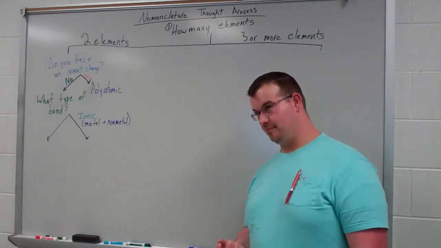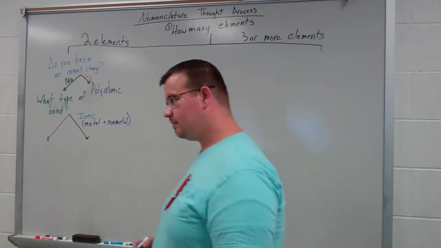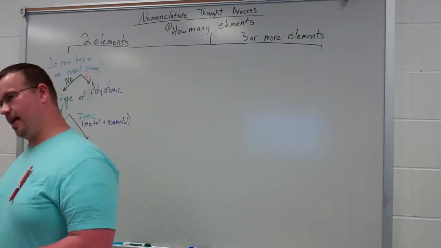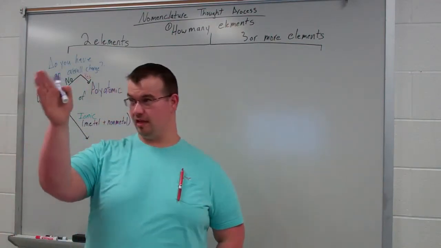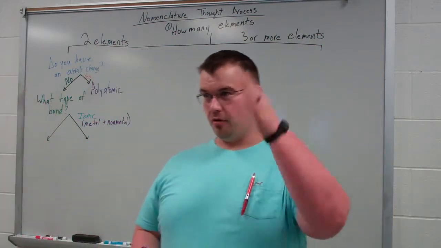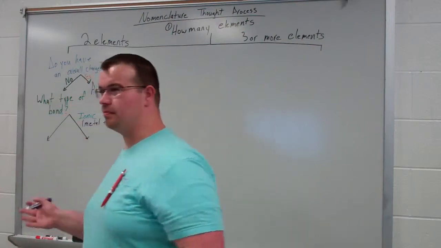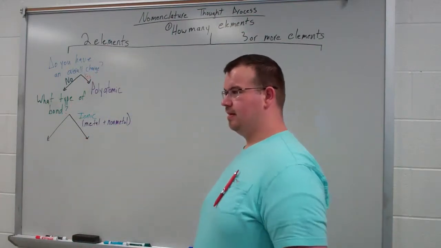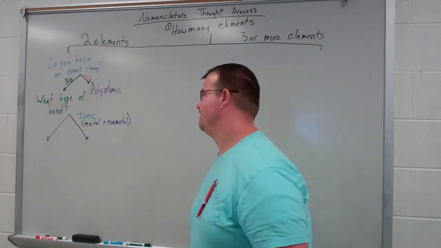Your periodic table, off of the staircase. Whenever you're looking at it, it starts on the left side of boron, and you go down and over, down and over, down and over. Simple as that.